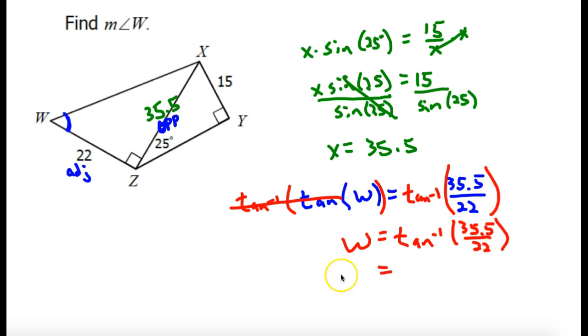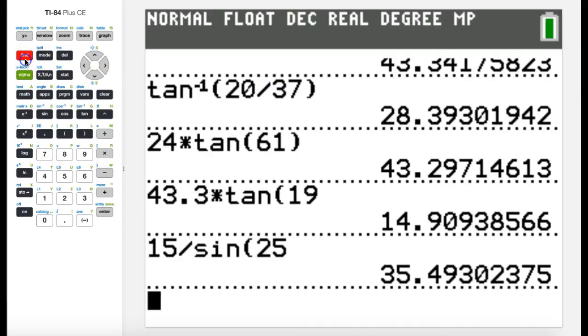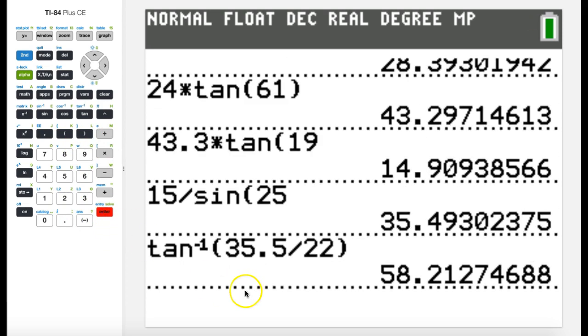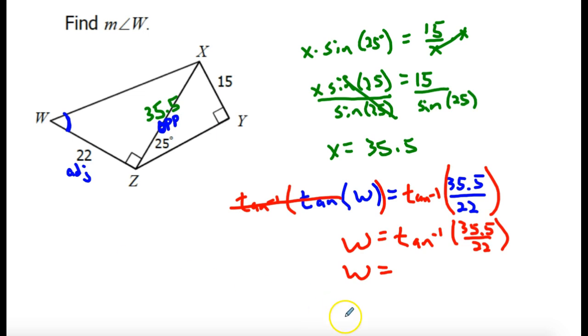We can put that into the calculator. Inverse tangent of 35.5 divided by 22. We get that that angle would be 58.2 degrees.